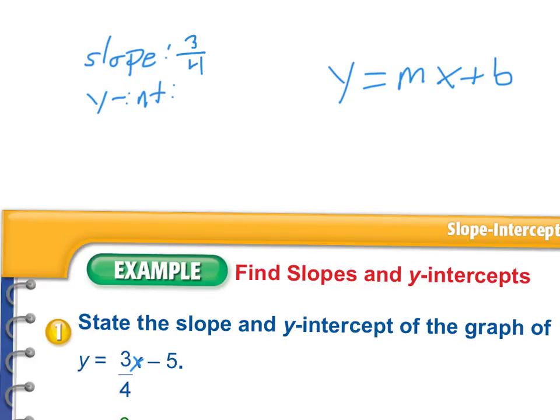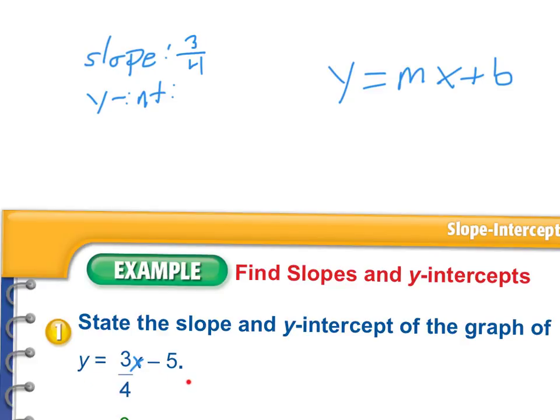Right, this one might be a little bit trickier for you. We'll find out. What is the y-intercept? Well, again, the b represents the y-intercept. So that's the constant term that's not being multiplied by anything. So here, what is my constant term not being multiplied? -5.